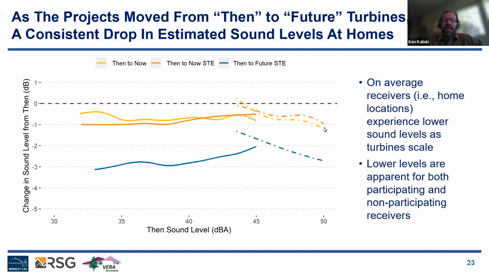And so we even see that for participants, for the future scenario, we get a drop in the sound impacts. And what's interesting is that for those with the highest impacts, those around 50 decibels in the then scenario, those are getting the most benefit. So close to a 3 decibel drop on average to the modeled sound levels.